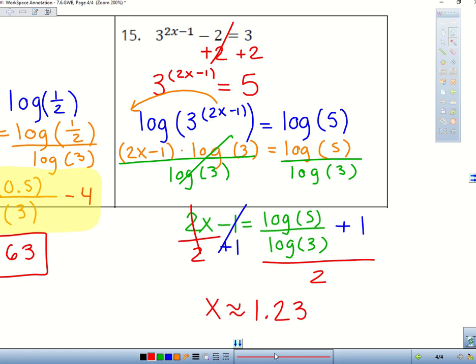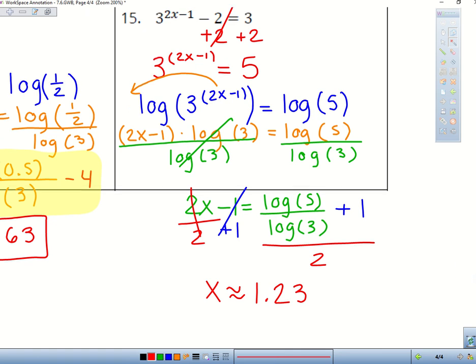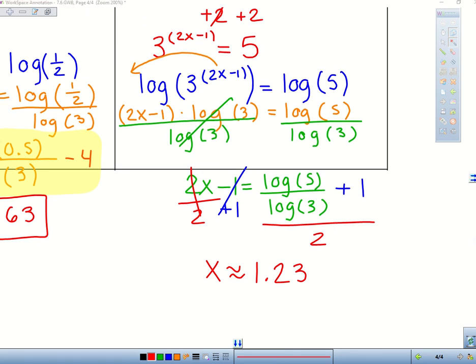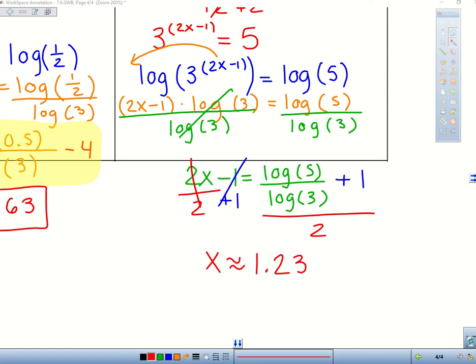Would anybody like me to talk you through how to put this in the calculator? Yeah? No? Okay, let's do it. So you're going to type in 5 and hit the log button. Divided by 3 log button equals plus 1, then divide by 2. And you should get 1.23 something.